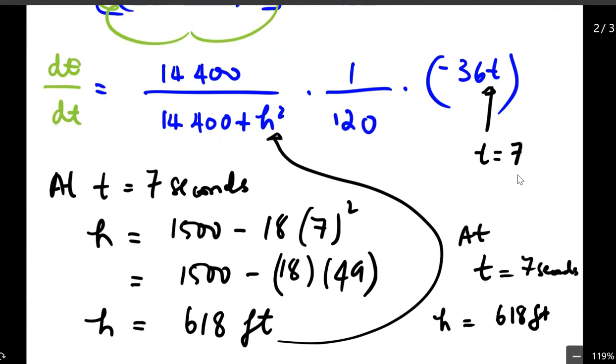All right. So can I just go back, and I would like to show everyone that I want to simplify this as well. So that and that cancel should give me 120 right there.